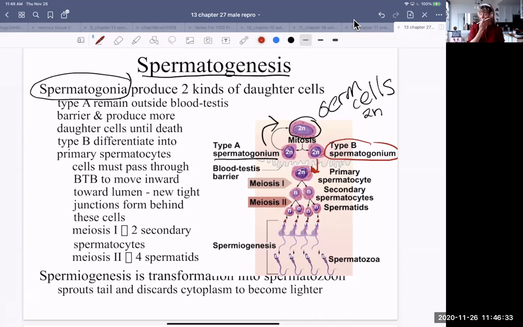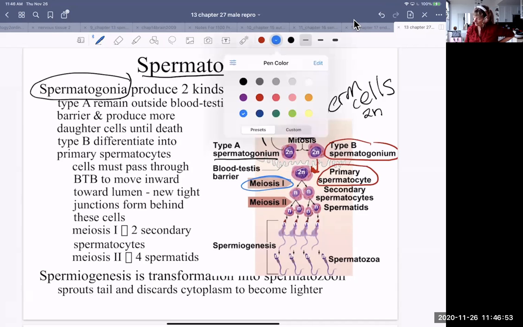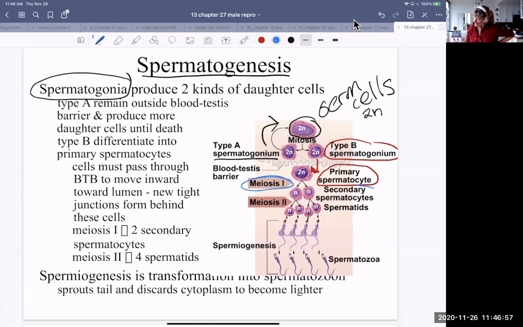And I'll show what that looks like in a moment. It's called a primary spermatocyte. It will go through meiosis 1. And after meiosis 1, the resulting daughter cells are called secondary spermatocytes.